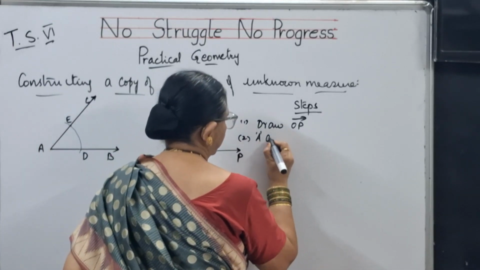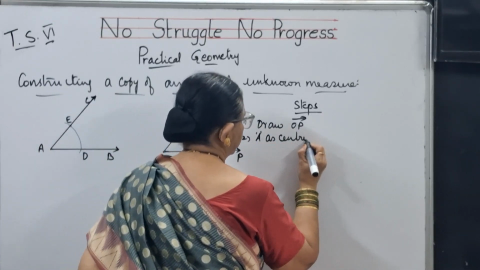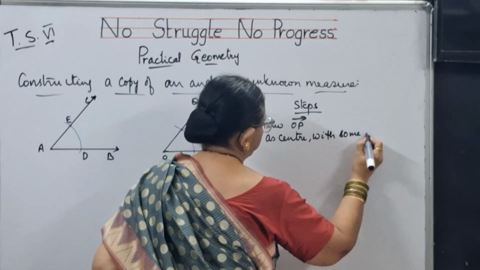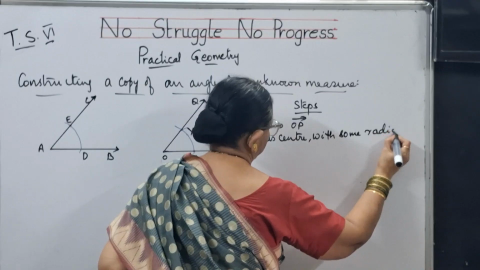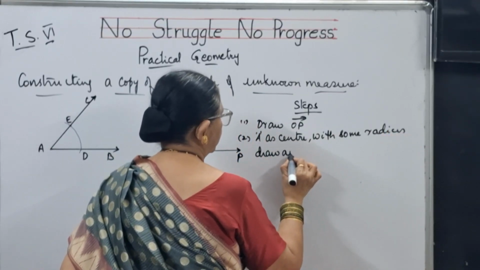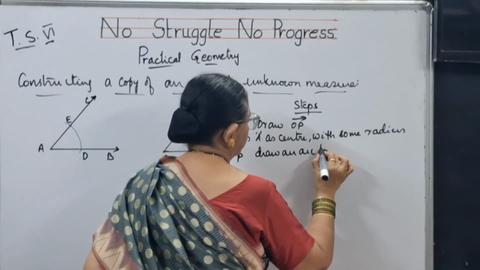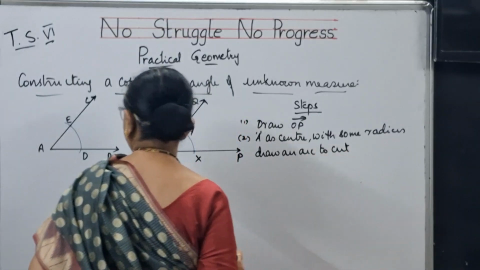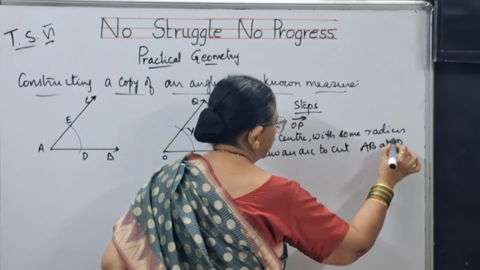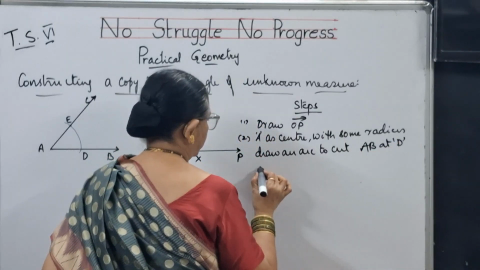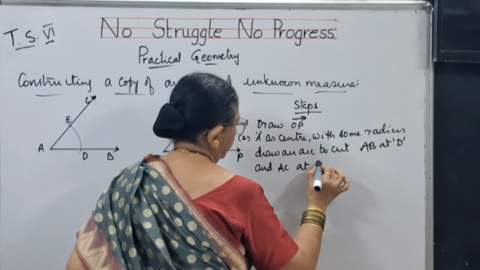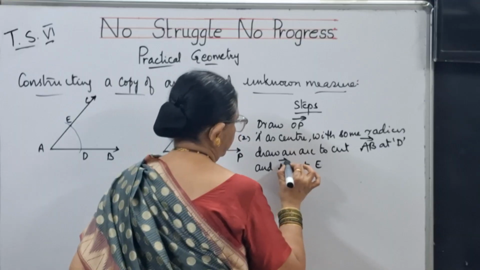A as a center with some radius, draw an arc to cut AB at D and AC at E, AB ray and AC ray.